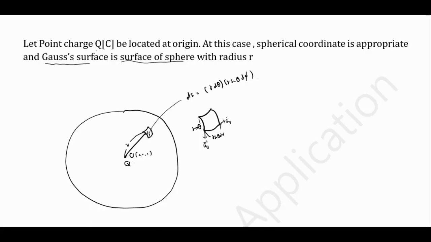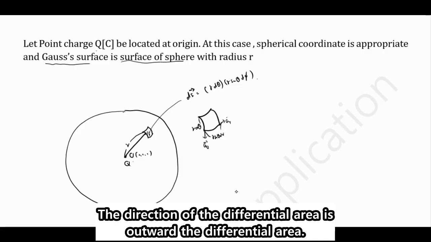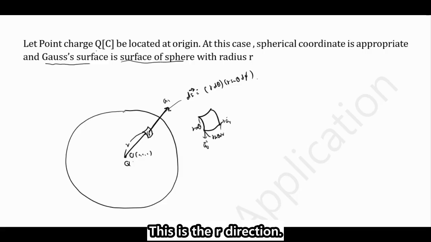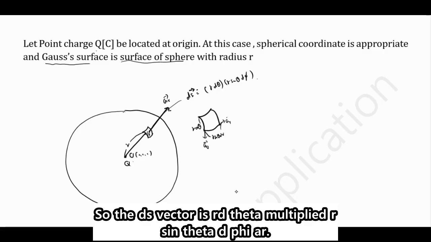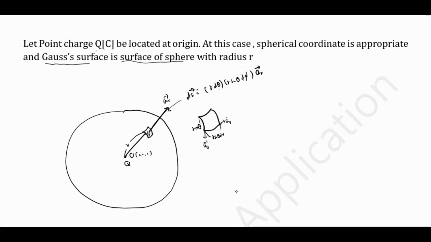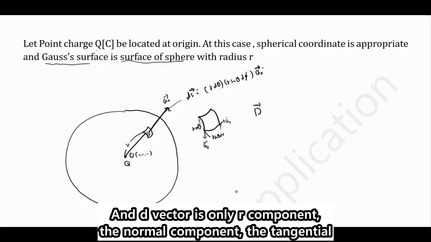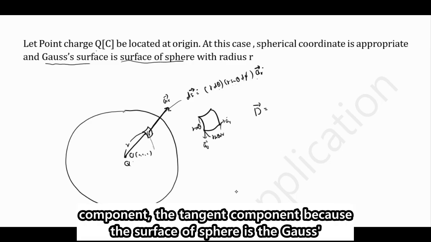The direction of the differential area is outward, the r direction, so the ds vector is r d theta multiplied by r sine theta d phi a_r. And the D vector has only an r component: the normal component exists, and the tangential component doesn't exist because the surface of the sphere is the Gaussian surface.